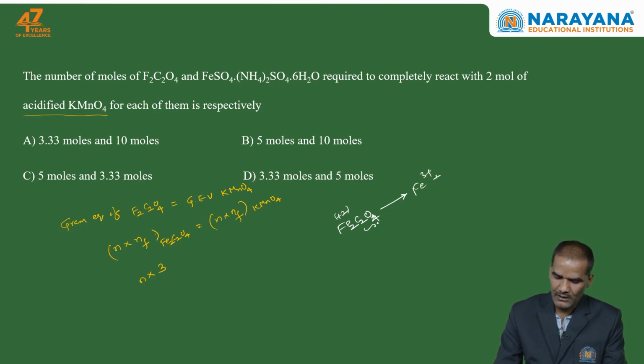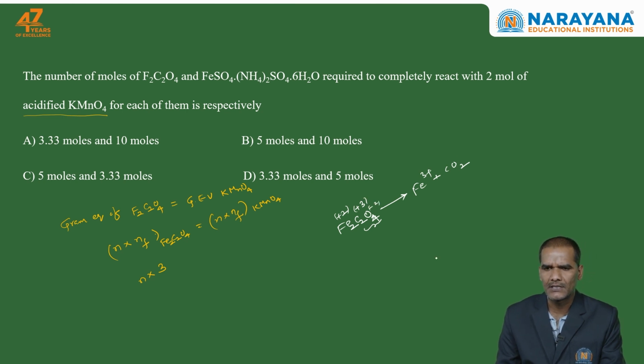And similarly we have the oxalate. Oxalate is oxidized to carbon dioxide, and here carbon oxidation state is +3 and oxygen is -2. There is no change with respect to oxidation state of oxygen. Only iron and carbon, both the elements, their oxidation states are increasing.